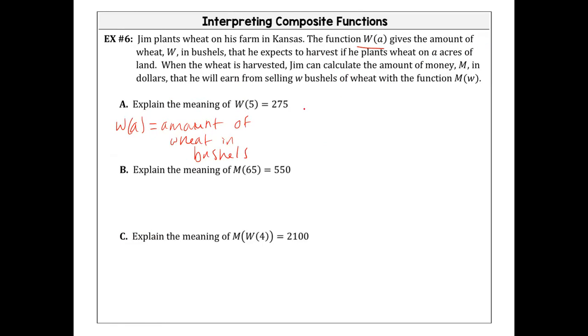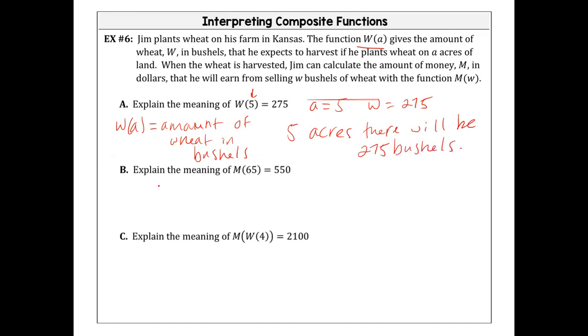Your acres, right? So when I'm interpreting this, I have to identify what each variable is. So here I know that A equals 5 and W equals 275. So when I'm writing what this means, I'm saying, all right, for 5 acres, there will be 275 bushels. Does that make sense?